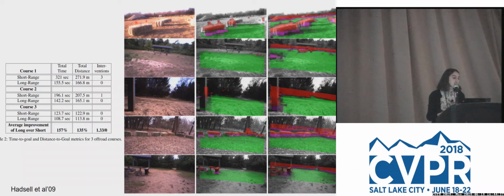So, for example, in the first run on the first course, instead of 300 seconds to complete the course, they needed 150. They also traveled much less distance, and also much fewer interventions. And actually, practically for these 3 test courses, they had no interventions when they used their learning algorithm.